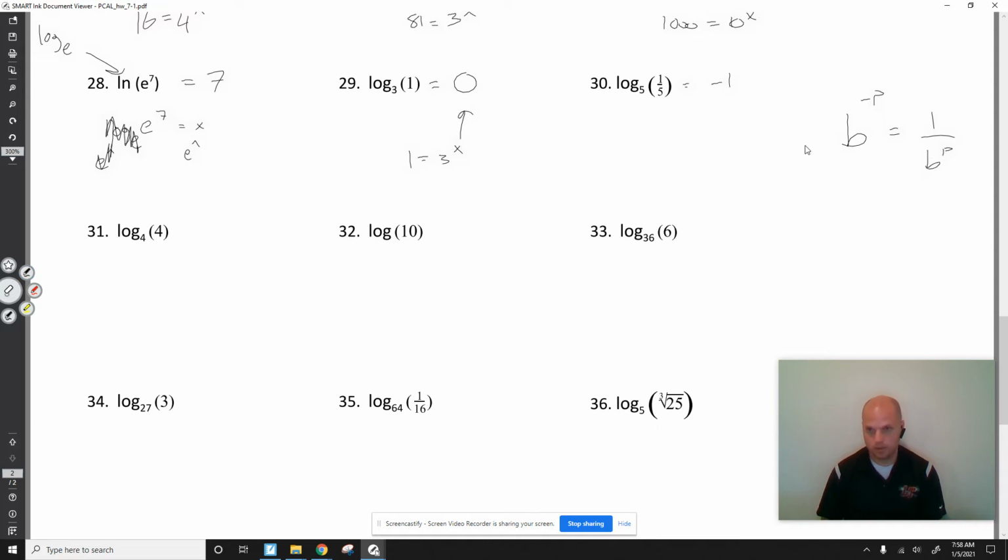I know you guys hate when we use letters, so I'll just use a specific example, like 5 to the -3rd is not -5 cubed, it's 1 over 5 cubed.